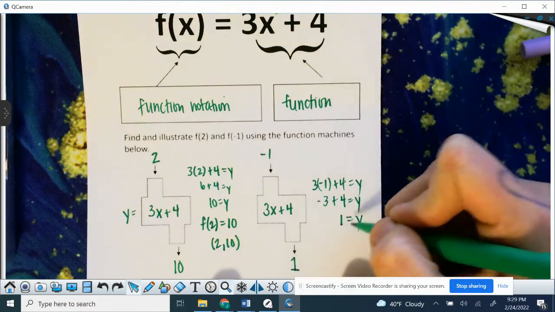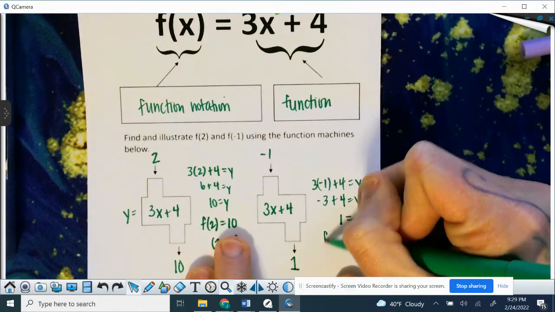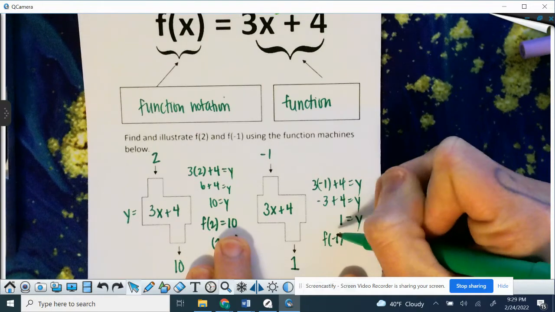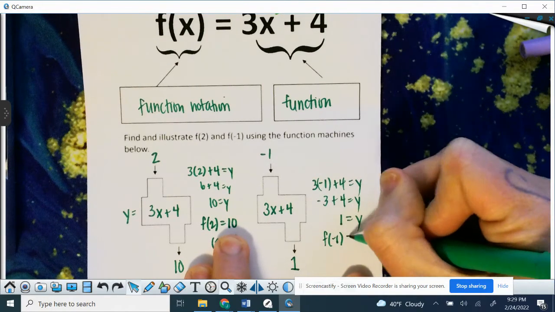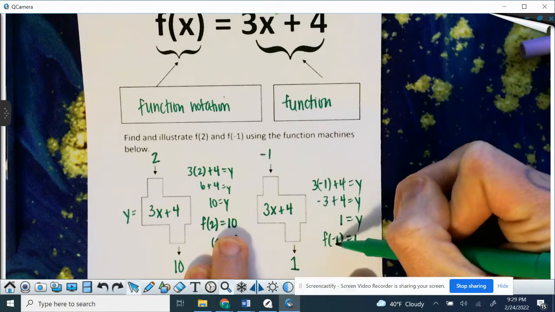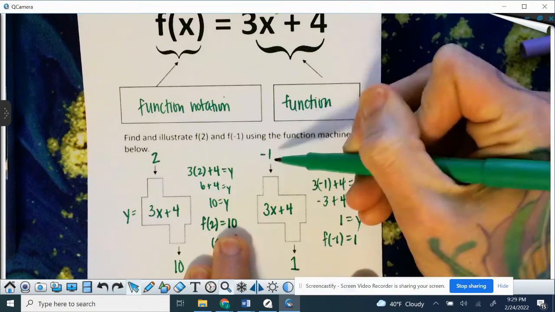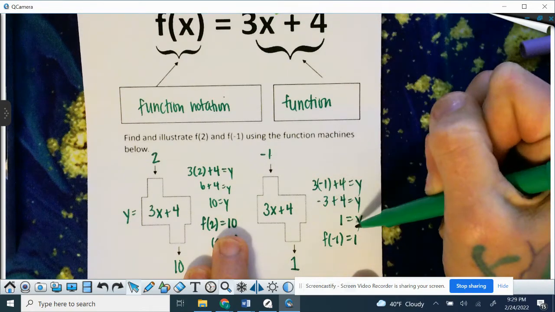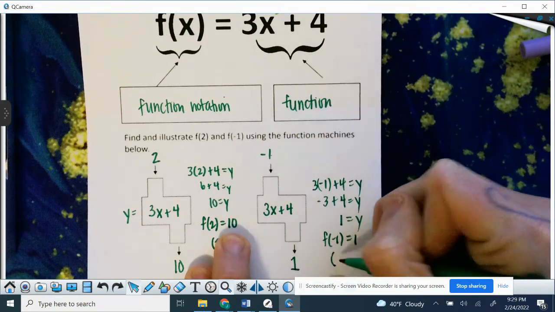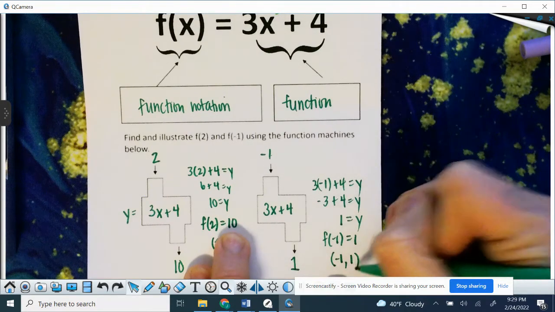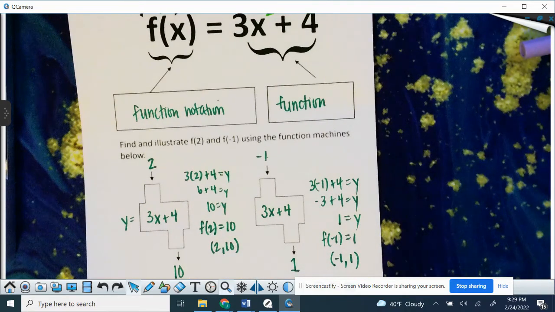So y equals positive 1 when f of negative 1 is equal to 1. So when x is negative 1, y is a positive 1. So as a coordinate, negative 1, 1, because x is negative 1 and the output would be positive 1.